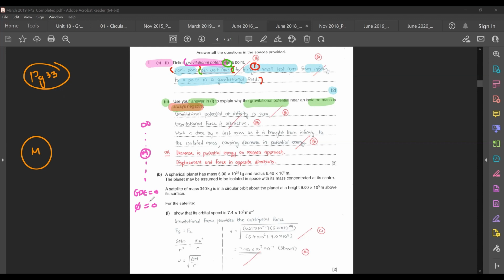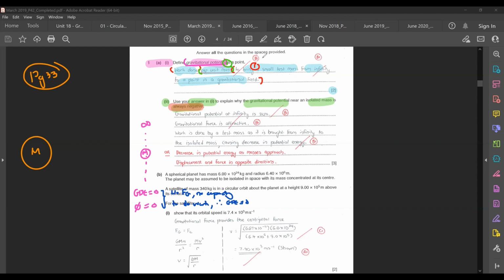The reasoning is because we told you that here at infinity, you have no gravitational force, no capacity to do work. Therefore, GPE by right should be 0. And potential should also by right be 0 because it's GPE per unit mass.